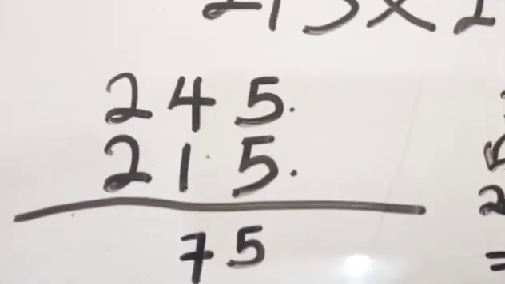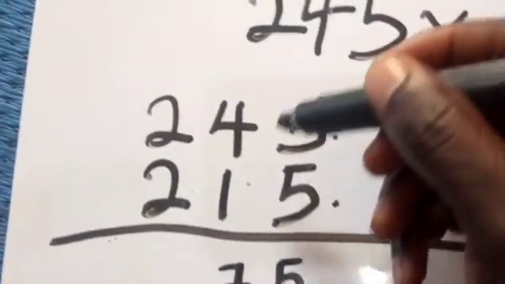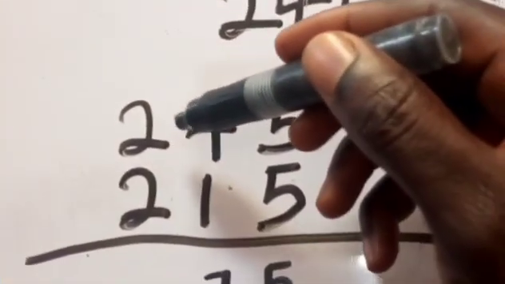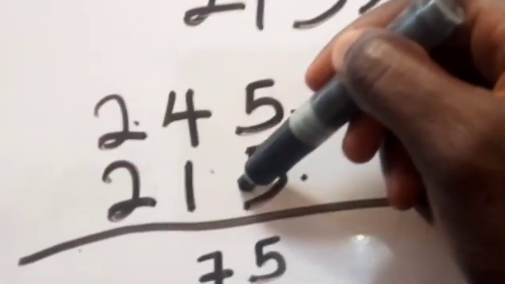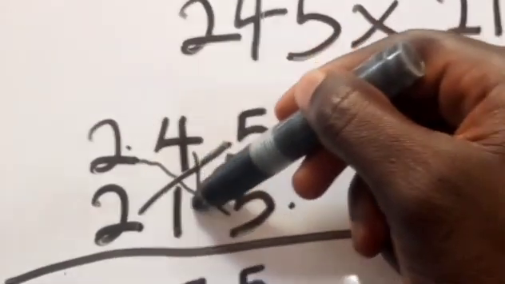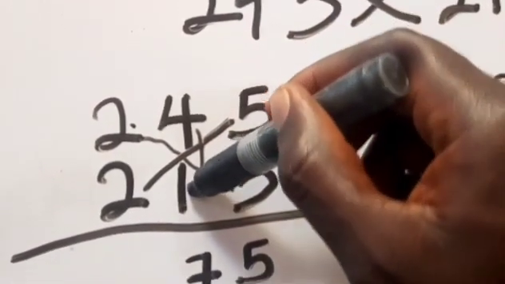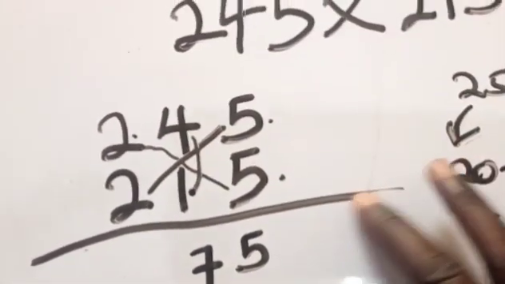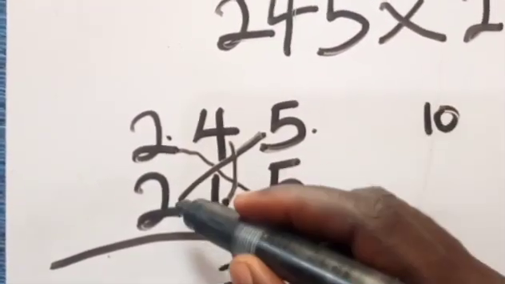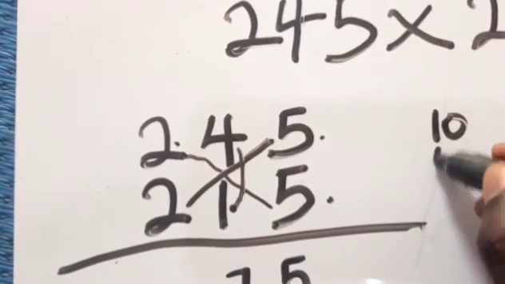Now the next thing we are going to do is to cross multiply all the numbers we have here. That is 2 times 5 plus 2 times 5 plus 4 times 1. So let's do it together. 2 times 5 is 10. 2 times 5 is also 10.